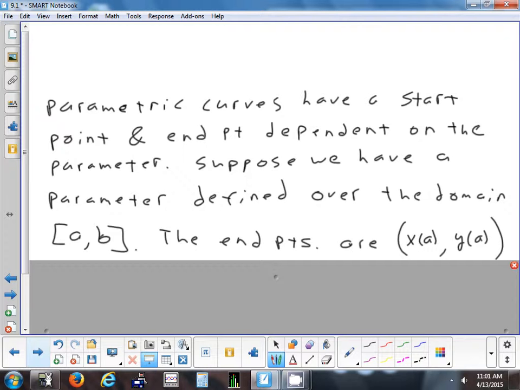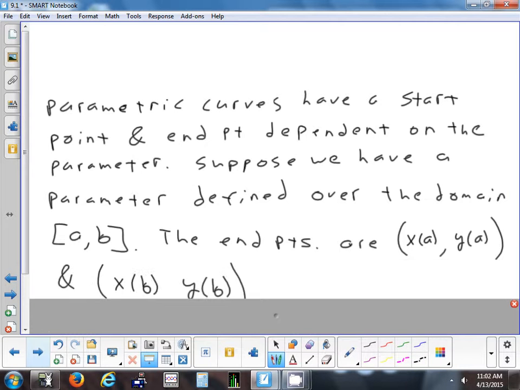That's going to give you the x value for where the curve starts. If you want to find the y value for where it starts, take where your interval starts, a, it'll be a number, plug that number into the function that gives you the y values, and that'll give you the y value for where this curve starts. So A controls everything about where the curve is going to start.